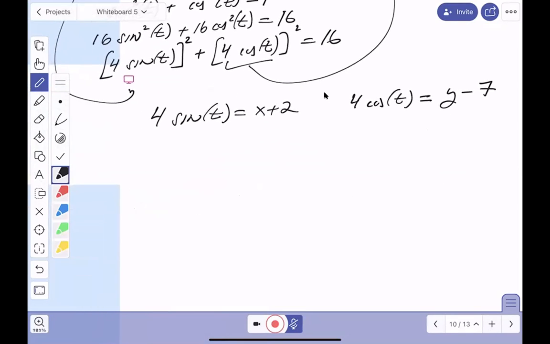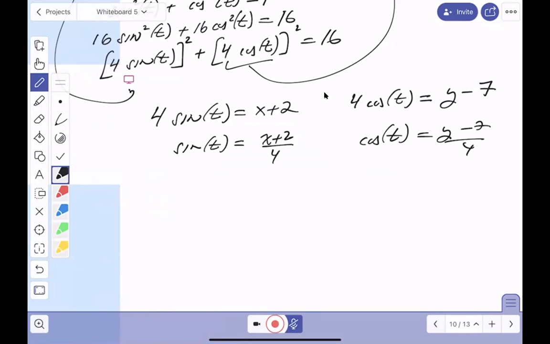I'm not saying there's anything wrong with that, but I'm going to write this down as, let's see, sine t is equal to x plus 2 over 4, and cosine t is y minus 7 over 4. I guess you could write that down.